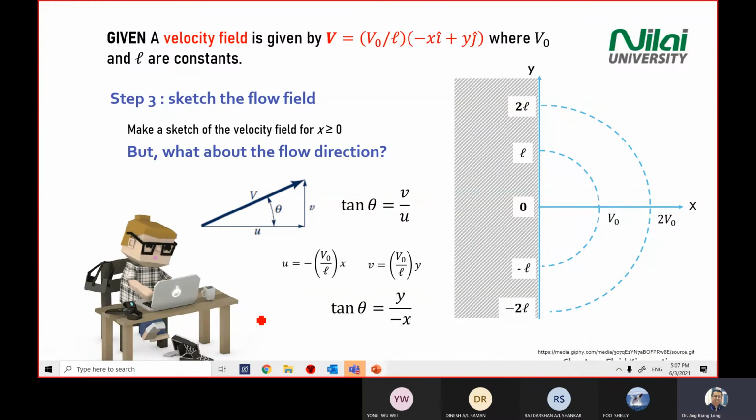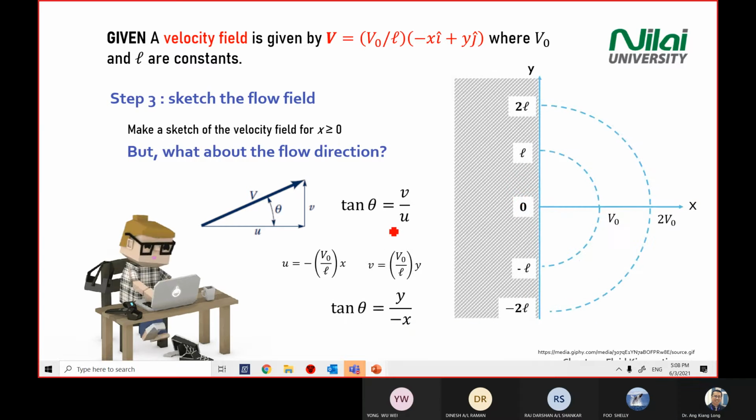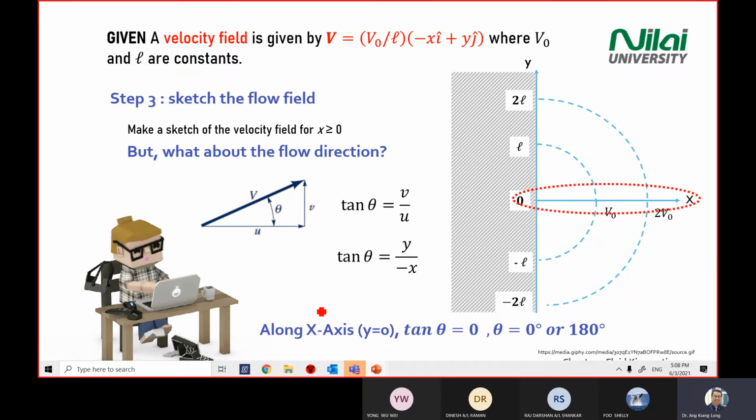So we continue. Once you get the equation of the tangent theta equal to y divided by minus x, I rewrite the equation. Tangent theta equal to y divided by minus x. You should understand why tan theta equal to v divided by u becomes this one.